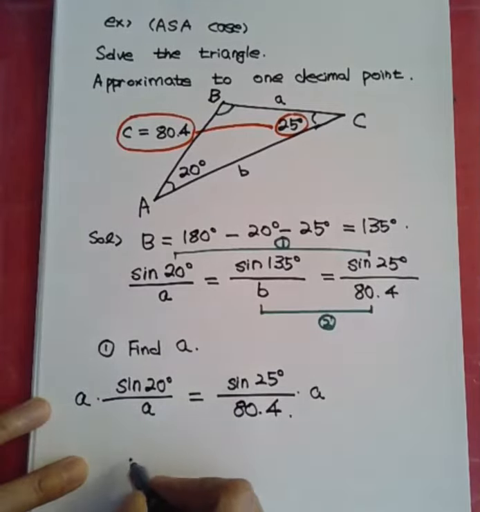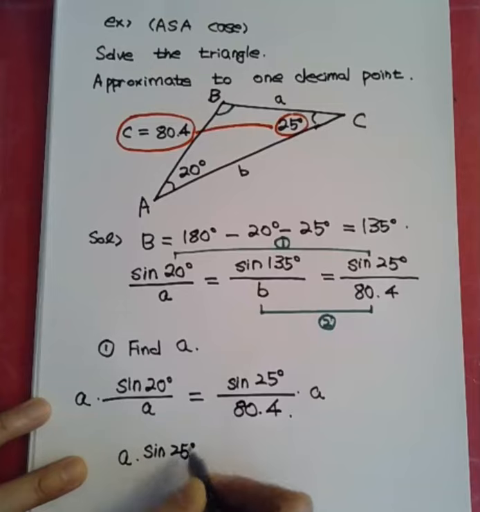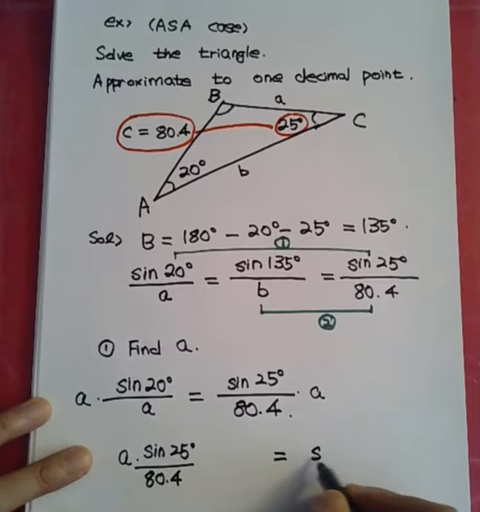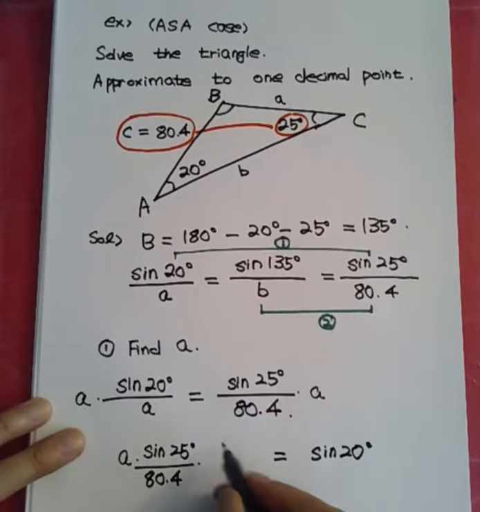Then A times sine of 25 degrees over 80.4 equals sine of 20 degrees. We want to solve for A, so we will multiply by the reciprocal on both sides.